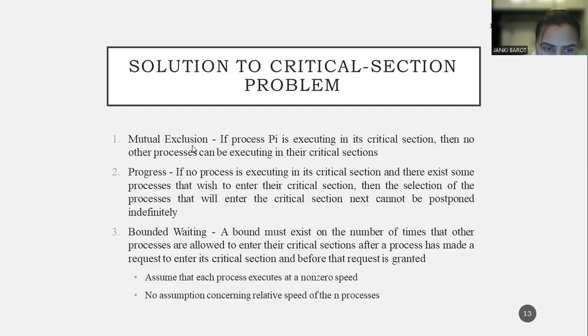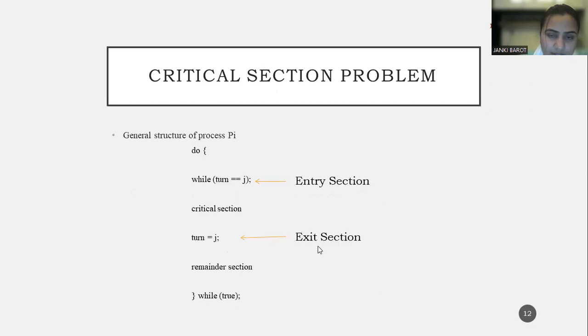For a particular time, the next process will wait, and here they have talked about the exit section, right? Through the exit section, it is obvious that J's value will be changed and it will be reflected here, right?